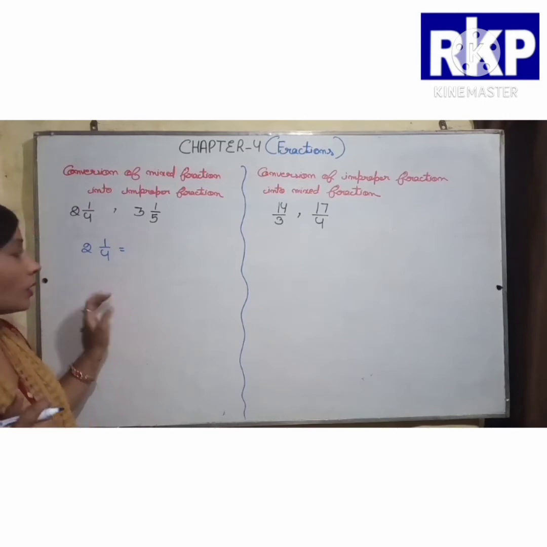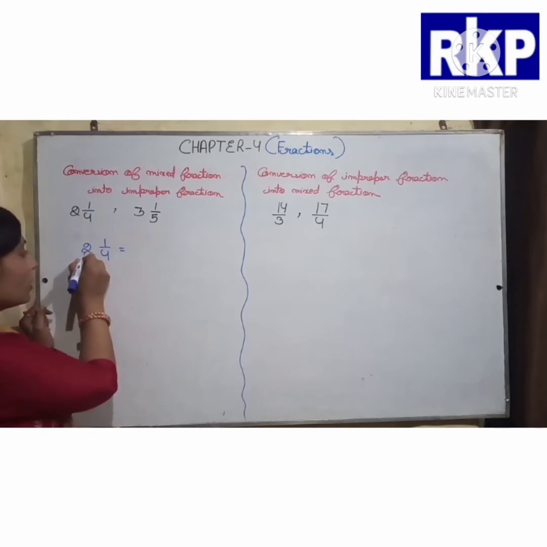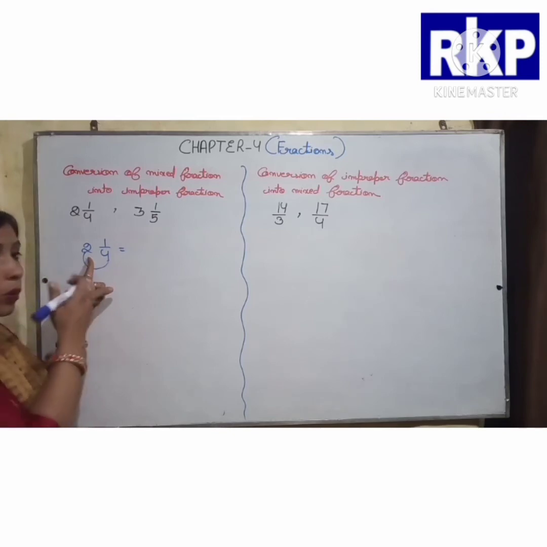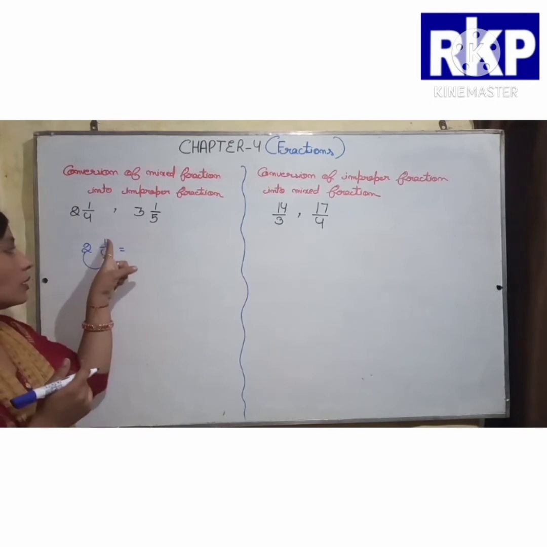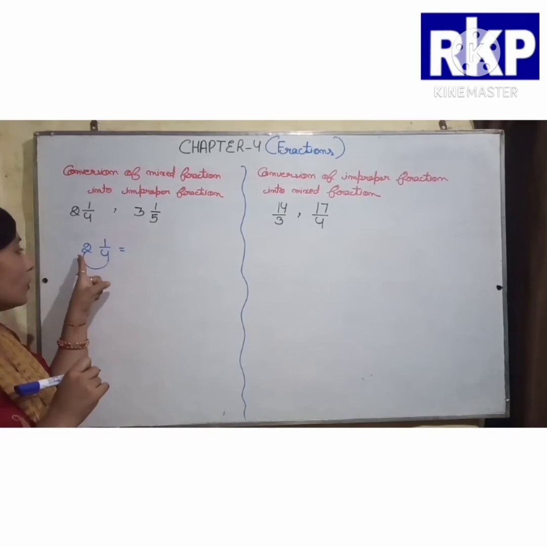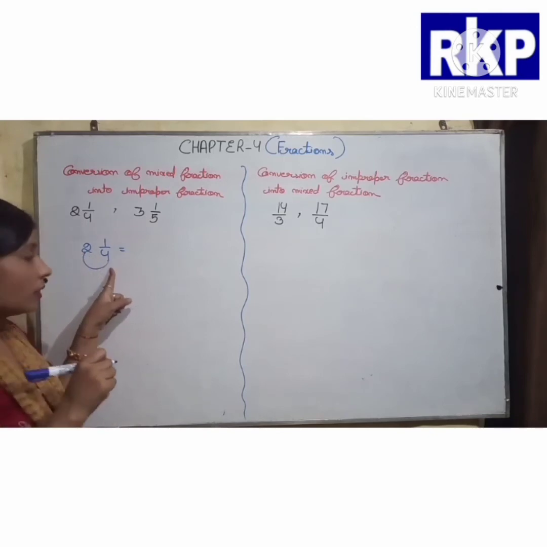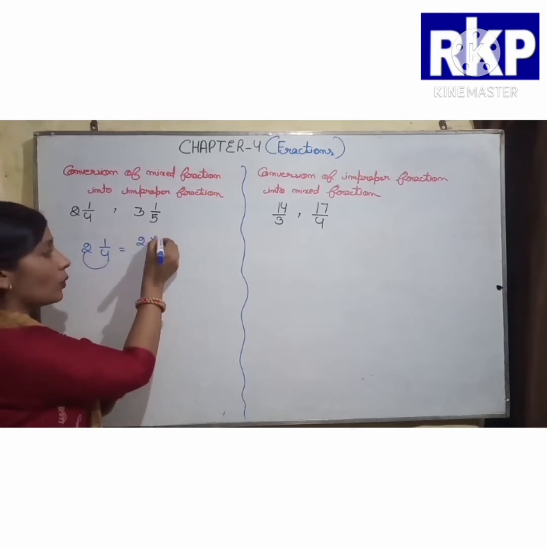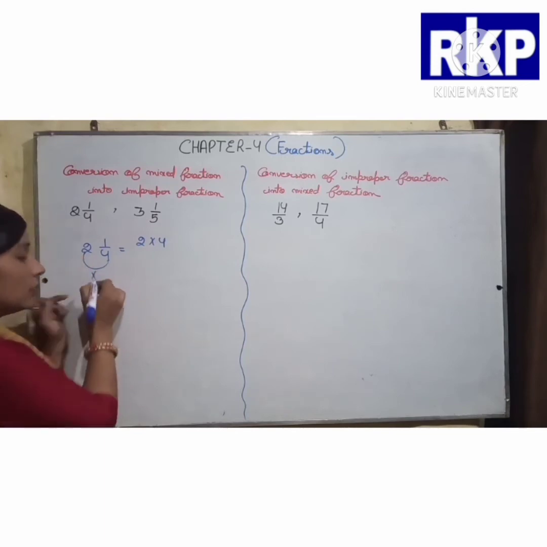For this, we have to multiply this 2 with the denominator. Here 2 is the whole number part and 1 by 4 is the fractional part. So here 1 is the numerator and 4 is the denominator. We multiply the whole number with the denominator, so we multiply 2 and 4.